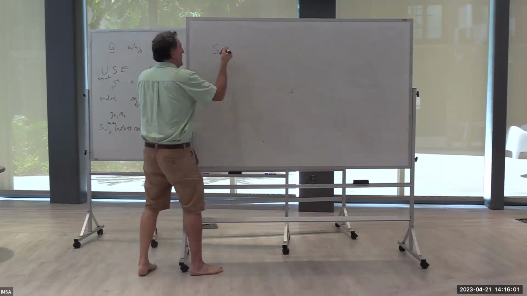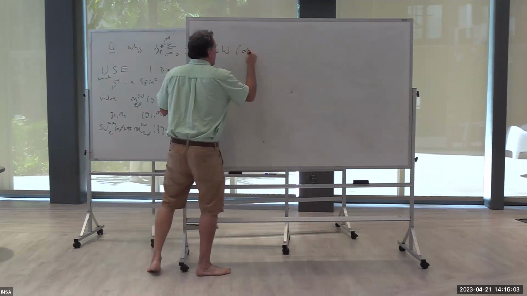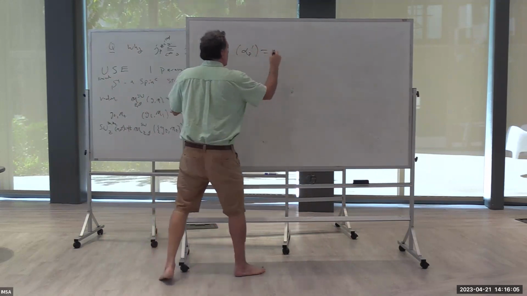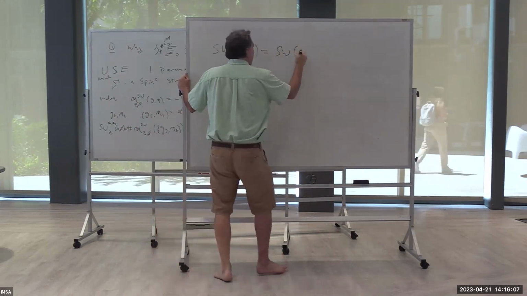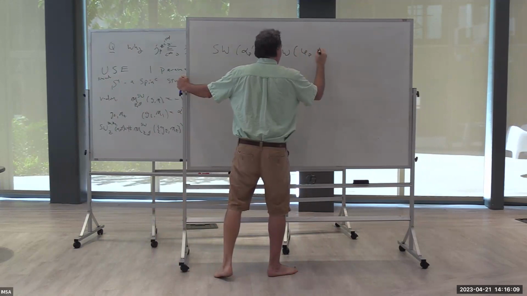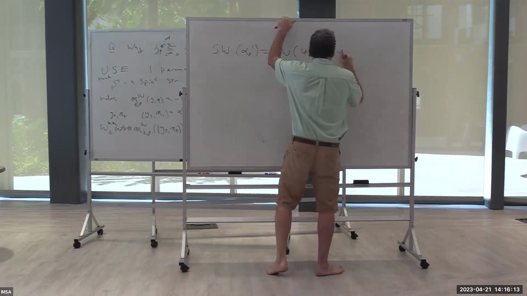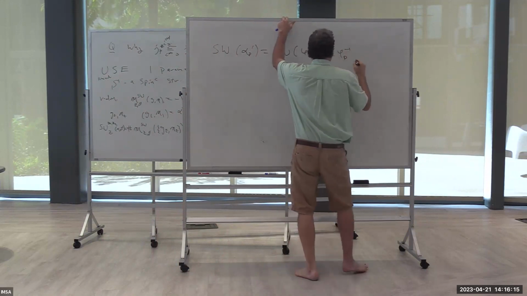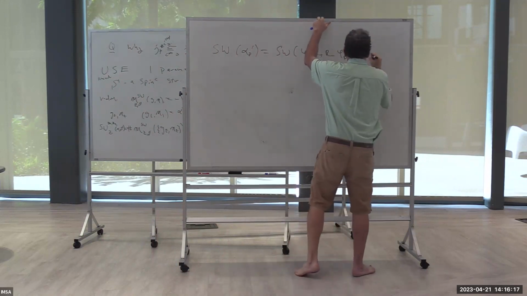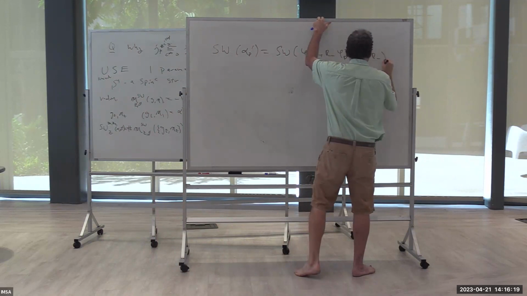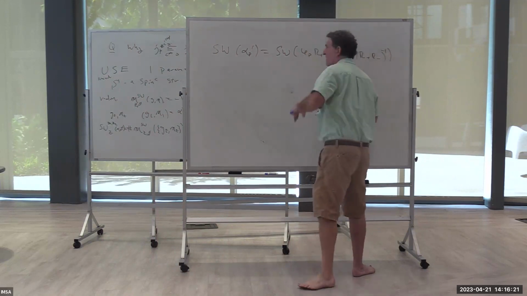Q, the Seiberg-Witten invariant, I will say, of alpha Q prime. This is going to be the Seiberg-Witten invariant of EP, R plus, R minus, EP inverse, R plus, R minus inverse.